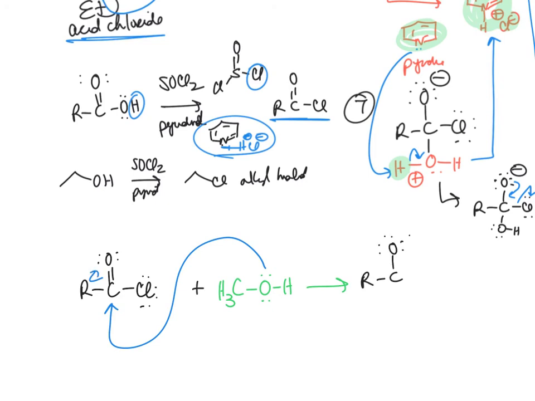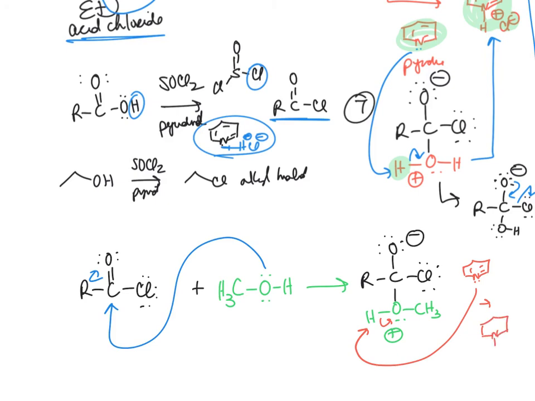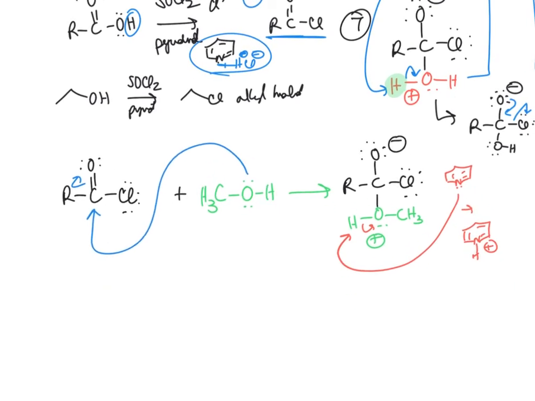Those electrons go up to make a tetrahedral intermediate. You have your oxygen here. And now you want to use pyridine to deprotonate. That's going to become pyridinium. And the chloride will pick up and kind of hang out there because you want to redraw this for your reaction mechanism.